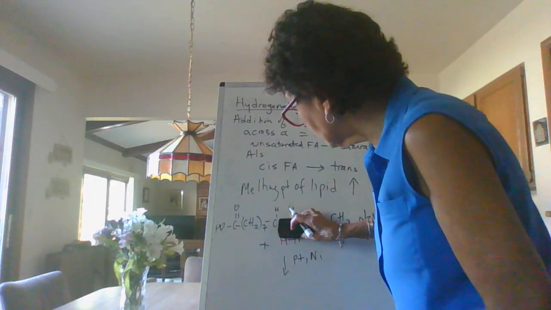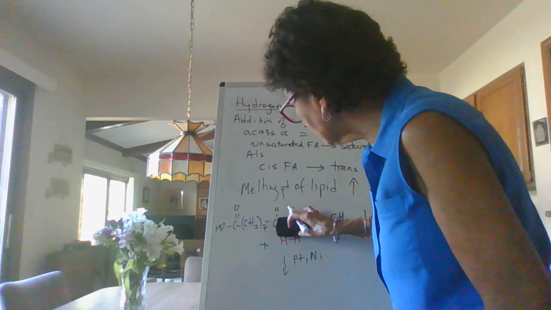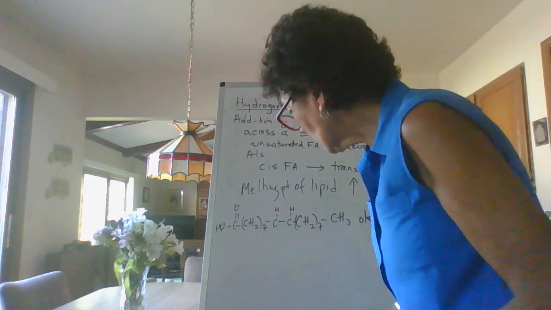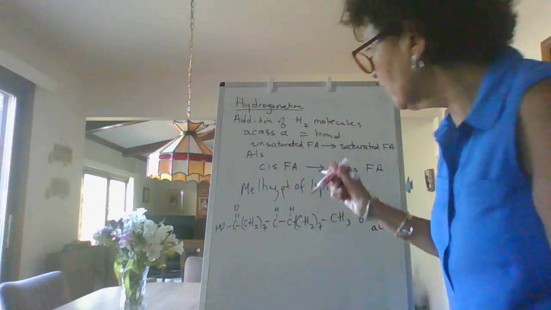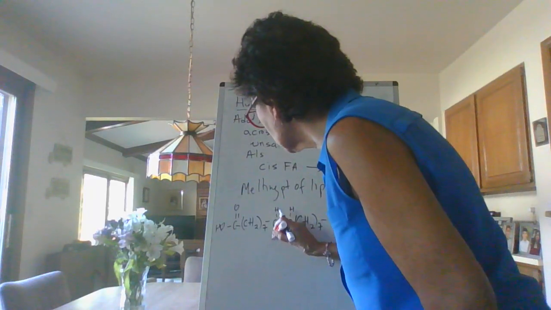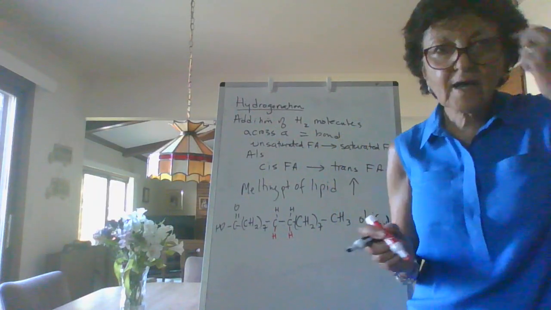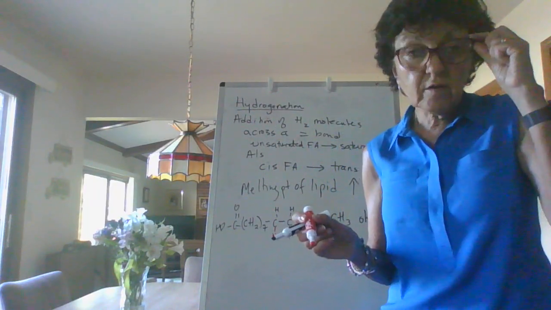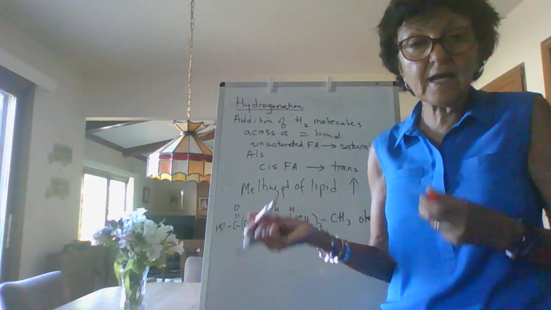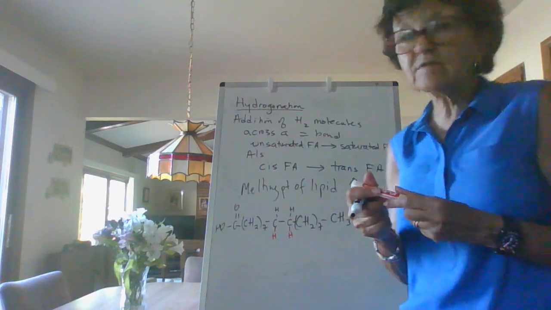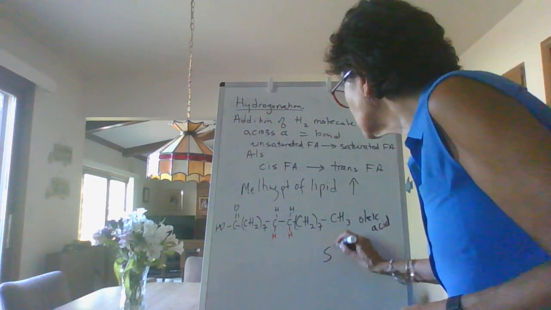I'm going to break this double bond, all right? And what's going to happen? You see those 2 red H's? One H is going to come here, and one H is going to come here. Do we have oleic acid anymore? No. What is this now? It's 18 carbons, saturated, no double bonds. This is now stearic acid.